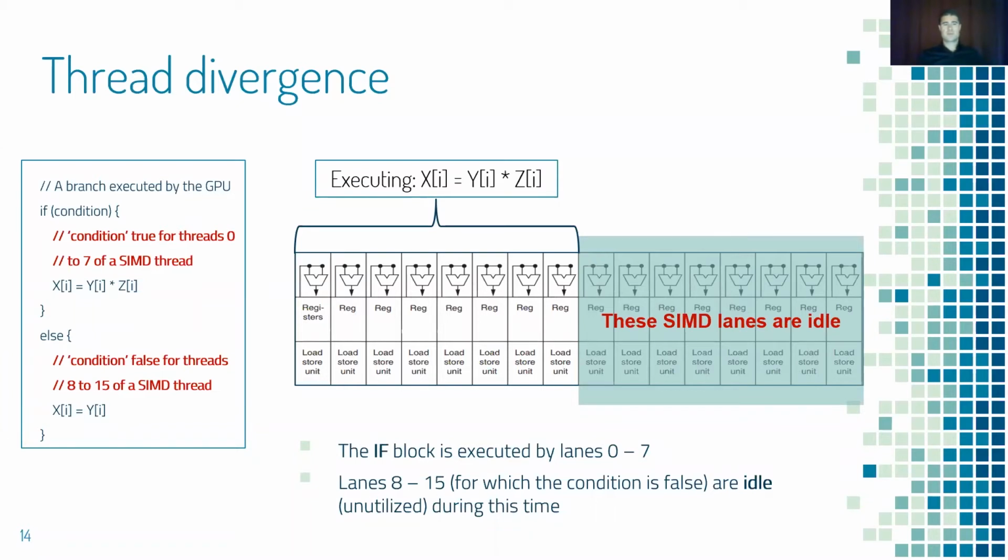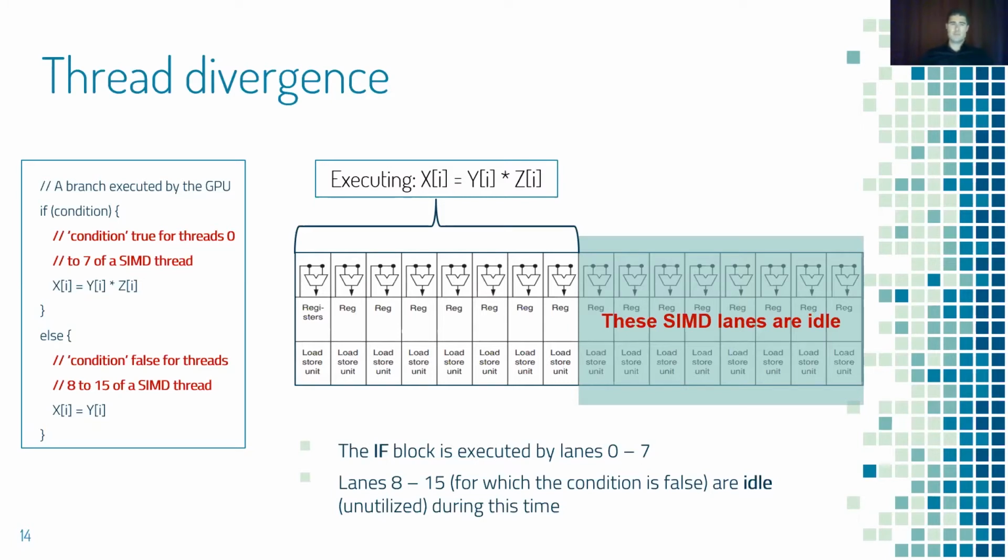The else block executes when the condition is false, and let's say it's executed by threads 8 to 15 of a warp. So what will happen is that in the first cycle, lanes 0 to 7 will be active, so they will execute their instruction, which is multiplying elements of y and z and writing into array x. But during that cycle, lanes 8 to 15 are basically idle.